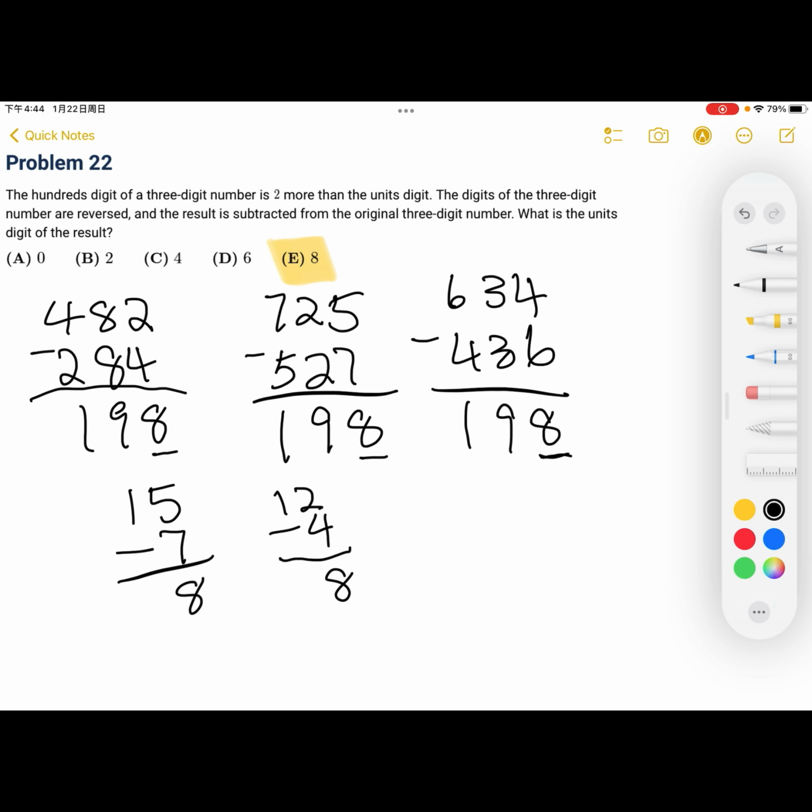And then in our last example, we used 14. 14 minus 6, because 6 is 2 greater than 4, which also results in 8. So technically, you didn't have to do all the work up here. But, just to confirm it, you can always do that to solve your problems.